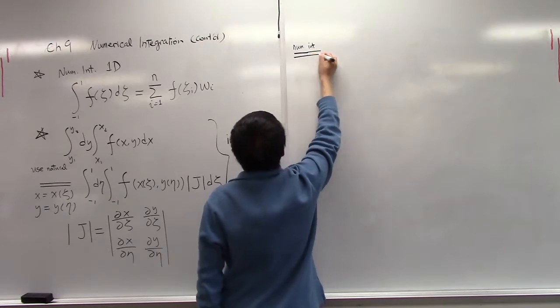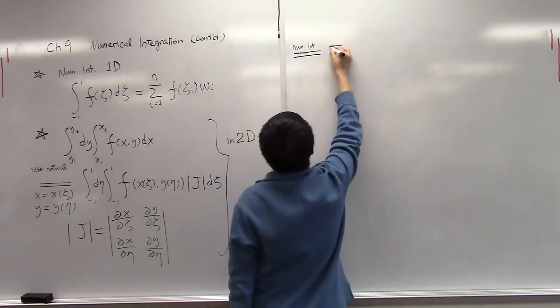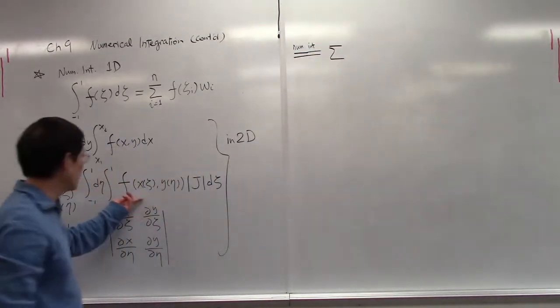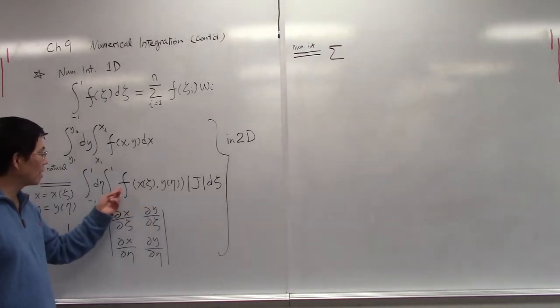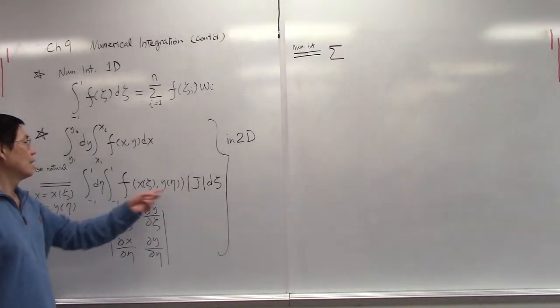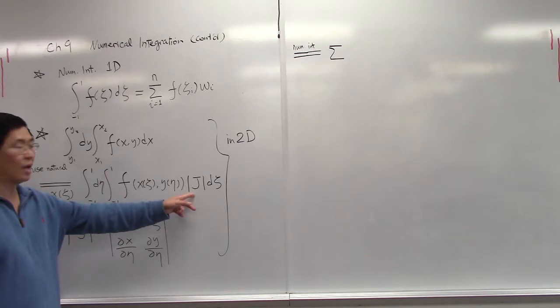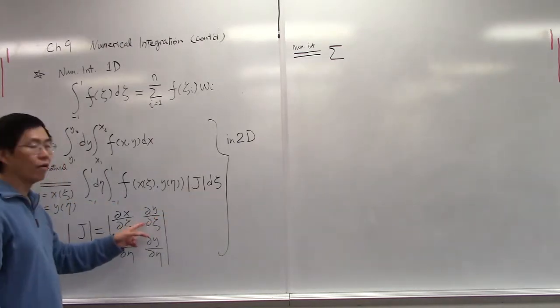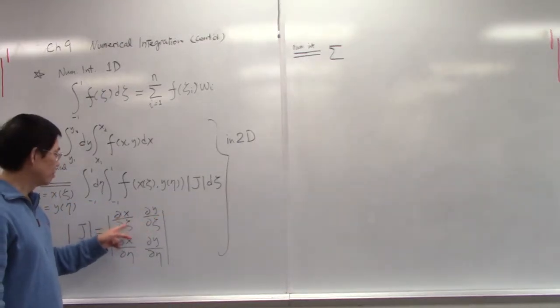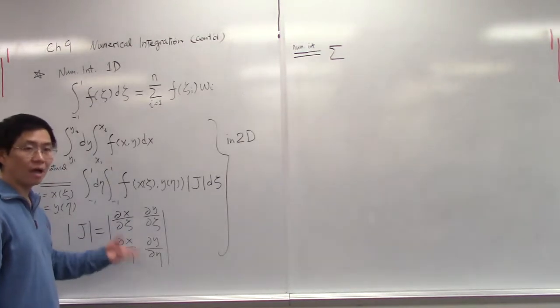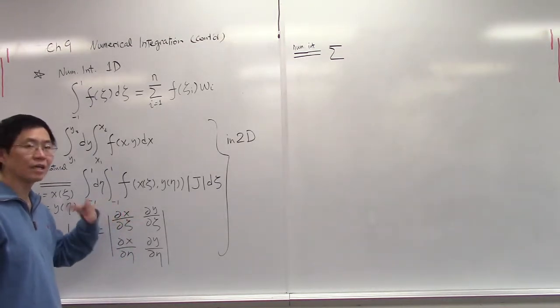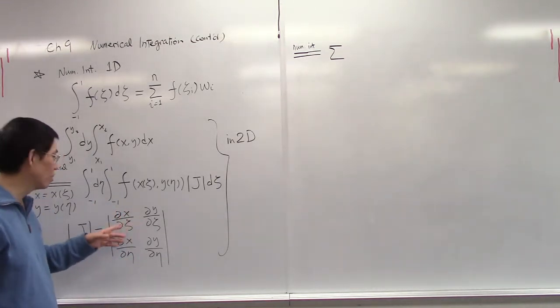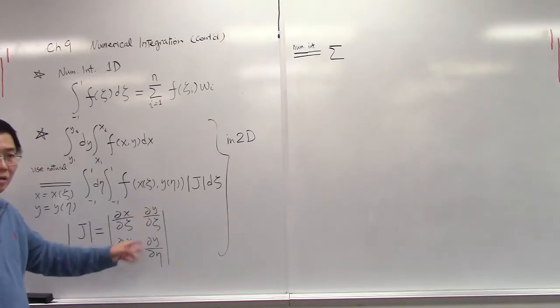It becomes a sum of the integrand. Now this time the integrand includes the function f as well as the Jacobian. Okay? The Jacobian itself could be a function of theta and eta. But a lot of times it turned out to be a constant. It depends on the functional dependence here, okay?